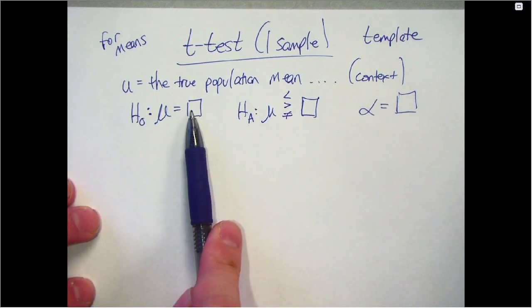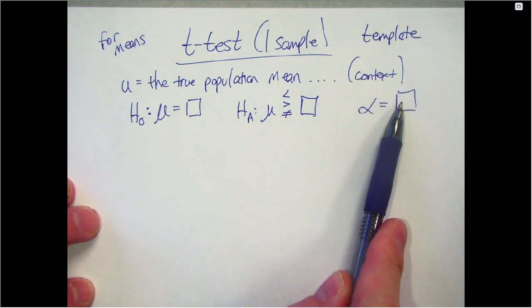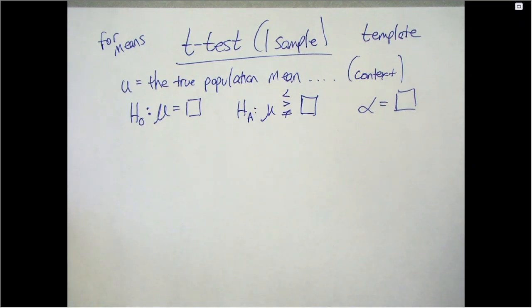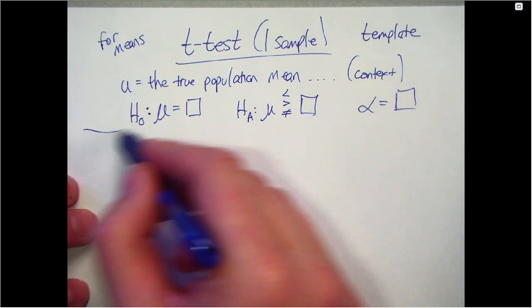Like in the past, they said 20 ounces of Coke, we thought it was less, and that was our alpha significance level.